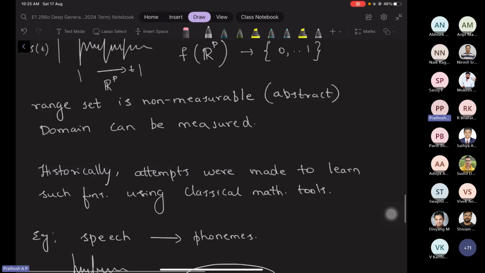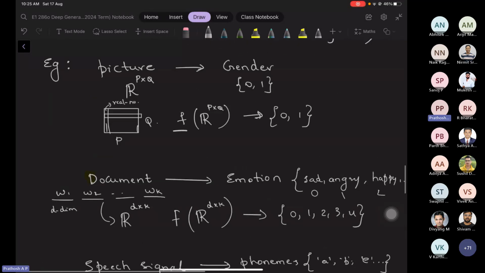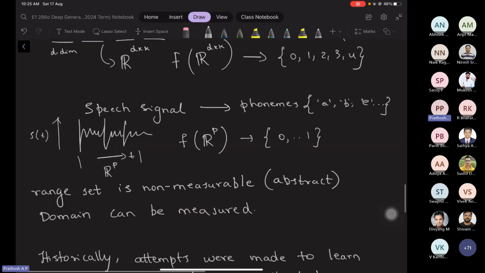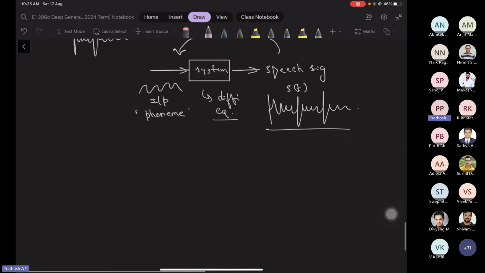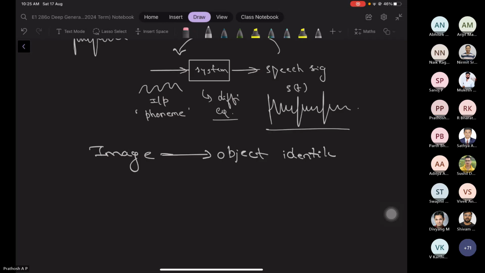You can see a similar thing with images also. The classical image processing people, if they wanted to find out gender from an image, what they used to do is, and let me take another example of image. So you have image to, let's say, object identity. What sort of an object is it is what I need to find out given the image.